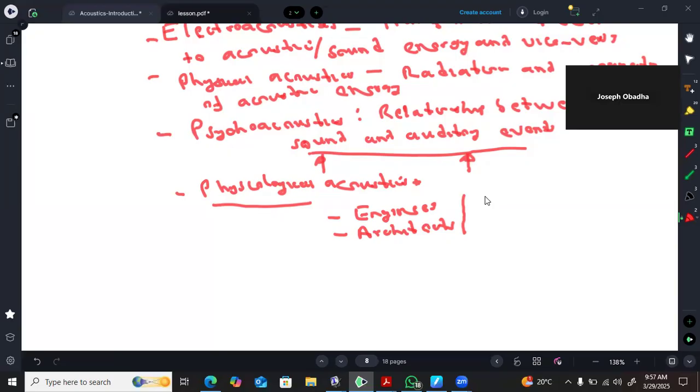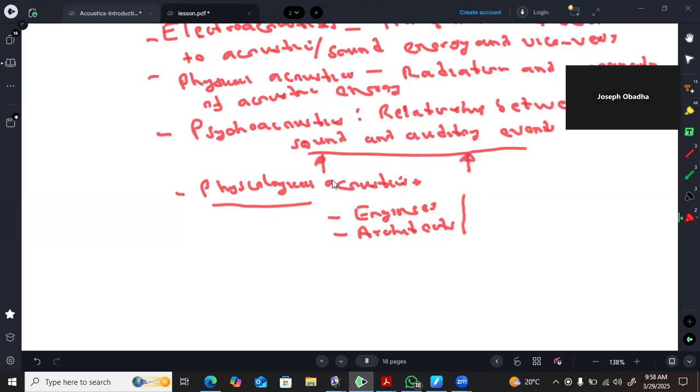If it's a music hall, or let's say a classroom, the design must be such that the intended effect on sound is achieved, maybe so that you don't have a lot of reflections. If it is a studio, for example, then there's no sound which is supposed to be reflected at all. So it would appear like a dead room, and maybe a class is not supposed to look like that.